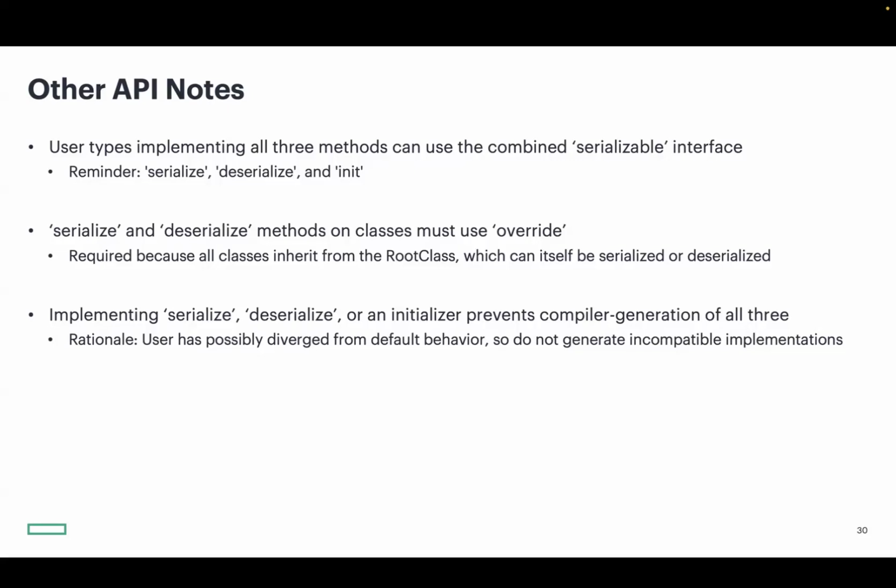And again, as I mentioned before, implementing the serialize or deserialize method or an initializer prevents compiler generation of all three. The rationale here is that if you implement one of those, then the user has probably diverged from the default behavior, so the compiler doesn't want to generate the other two and implement something incorrect.